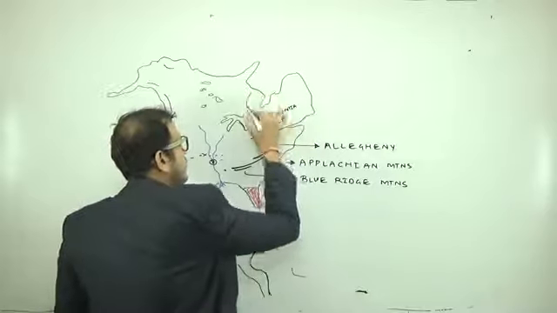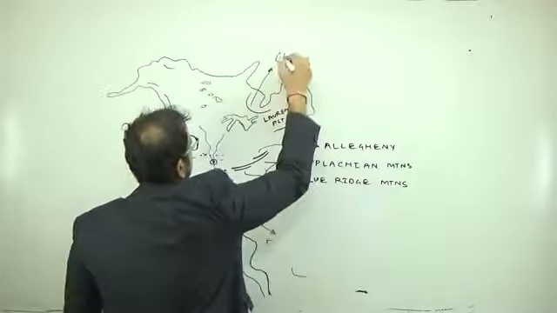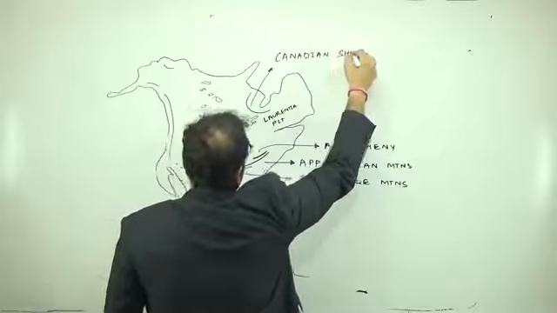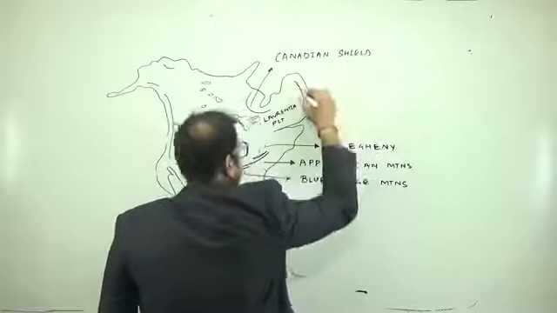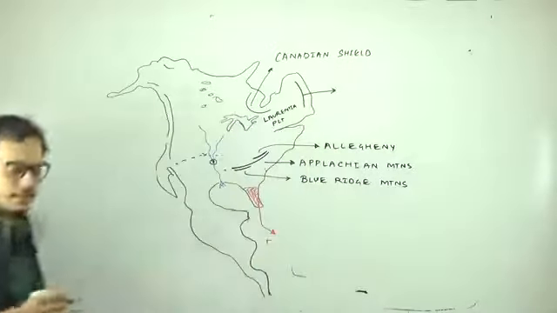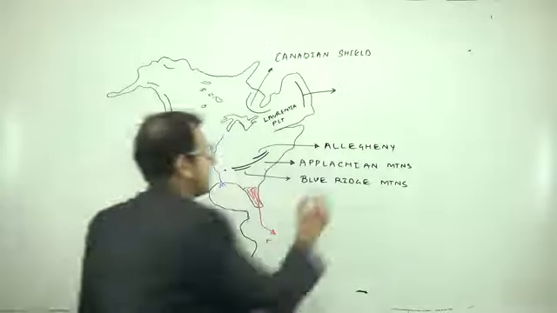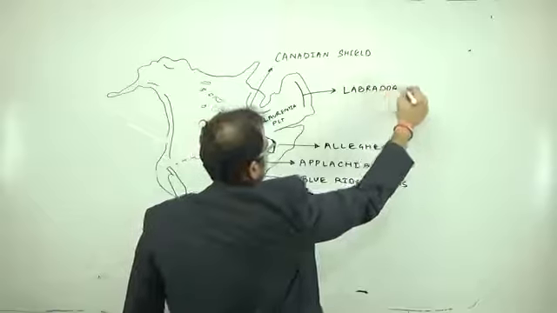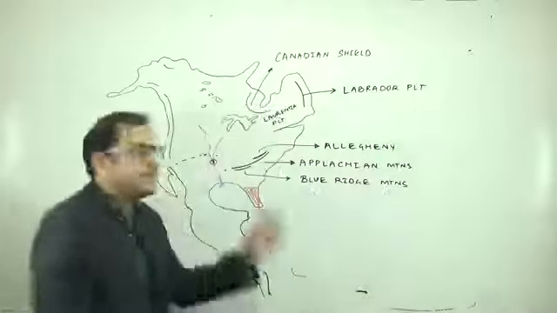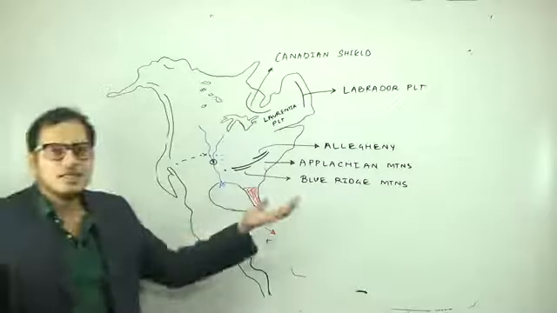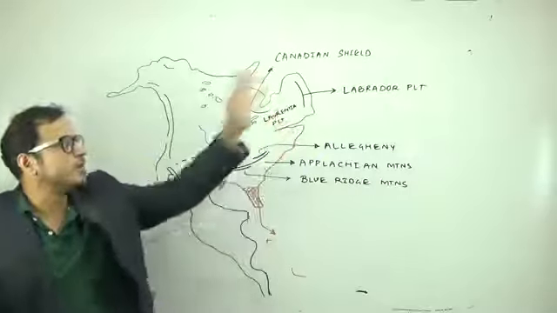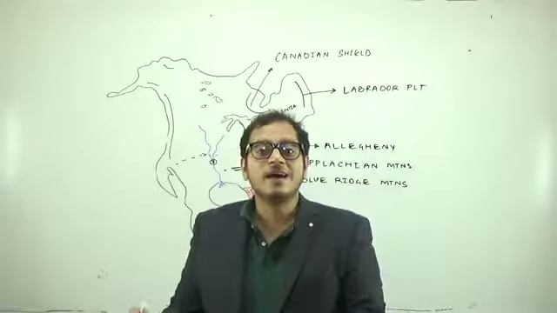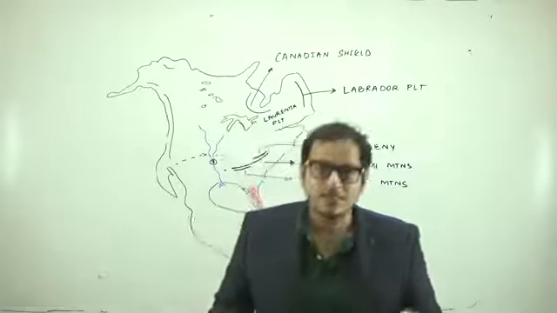You will find this region which is known as the Canadian Shield region. And you will find this region as the Labrador Peninsula region or the Labrador Plateau region. So you see this entire region consists of highlands, below the Appalachian Mountains, above the Laurentia Plateau, Canadian Shield and the Labrador Plateau region. Now first let us look at the highlands or the Appalachian mountain system.